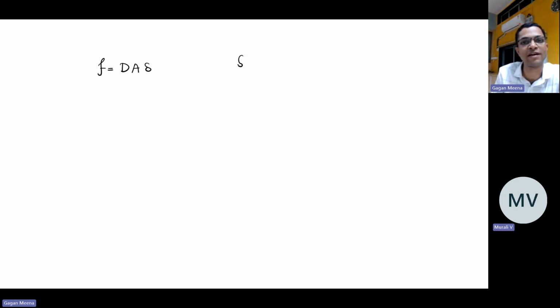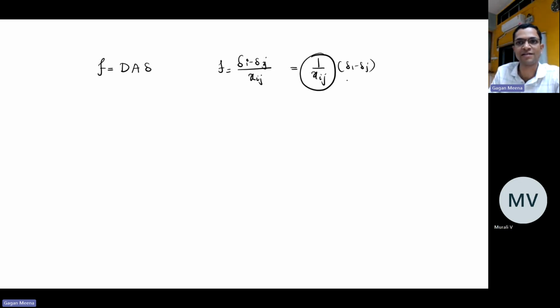Flow is delta 1 minus delta 2 by X, or if it is I, J, this is X I J. Okay, this is flow, right? So we can write this as 1 by X I J, and this is delta I minus delta J. This is a multiplication, and the difference is taken here. Delta I minus delta J.